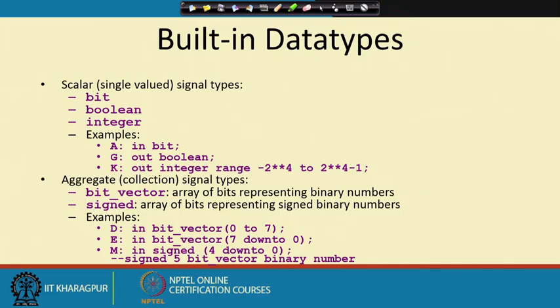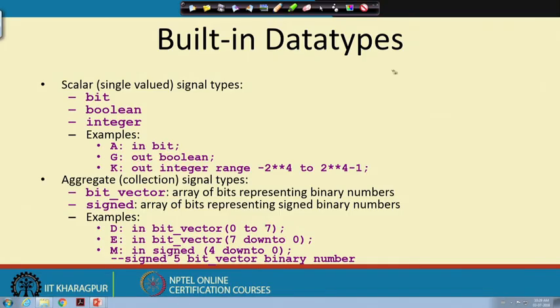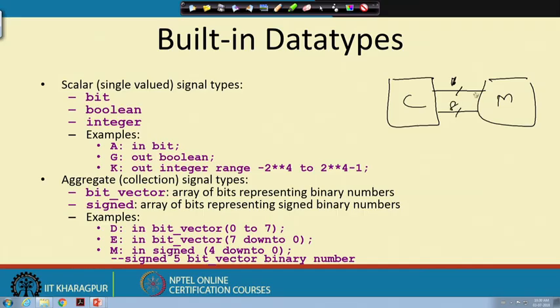For example, if we have a CPU and memory, then we have address bus and data bus type of connections. These may be 16 bit, okay. Some other data bus may be 8 bit. So, this way there are a number of bits constituting each signal line.